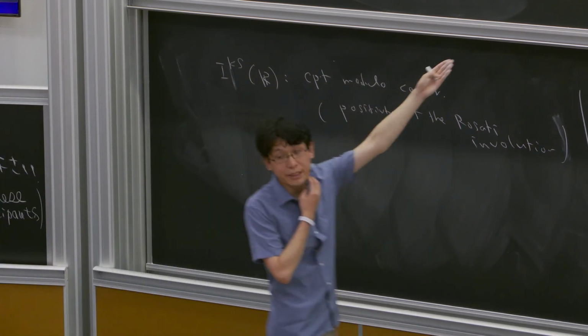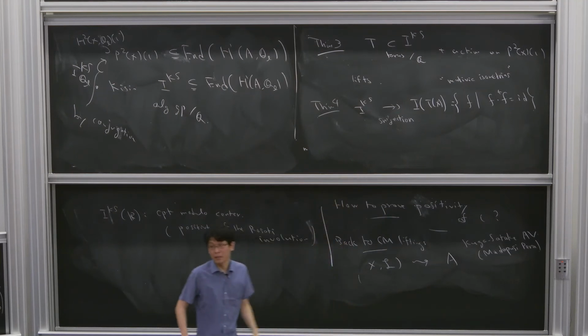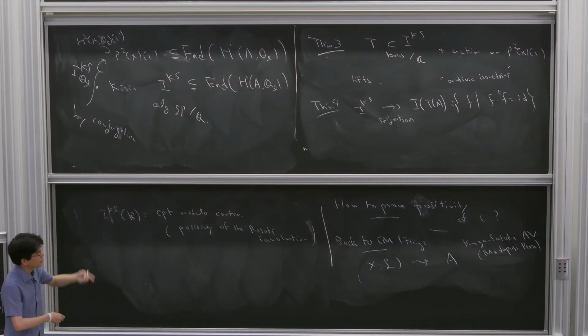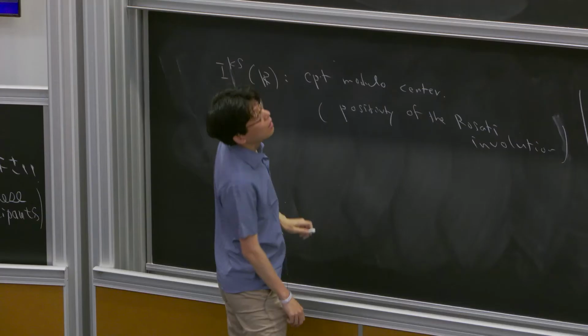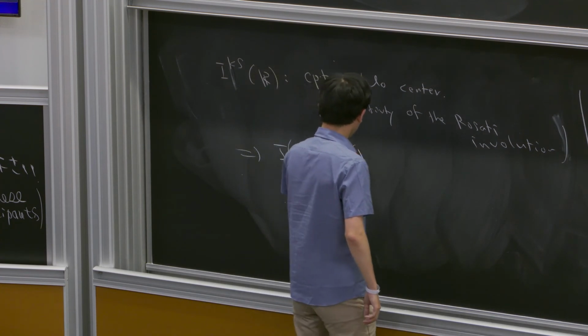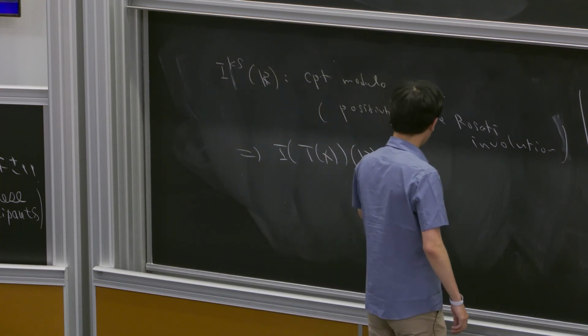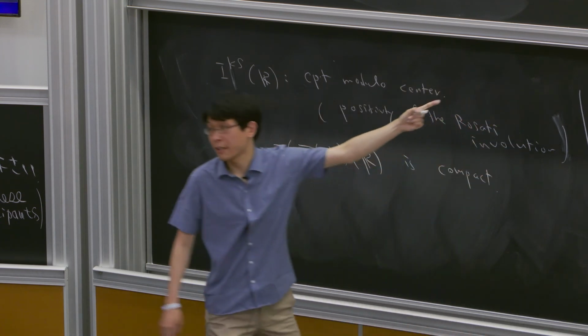My map is surjective, and there's slightly more we can prove: at the level of real points, it is still surjective. The real points of this group are compact; I mean, this map kills the center.